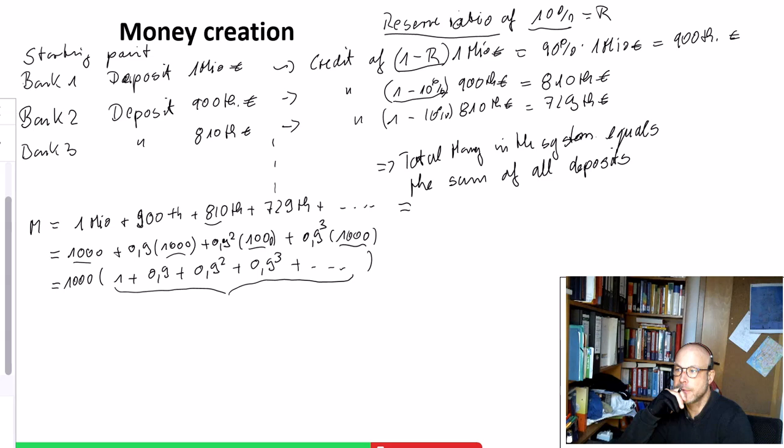I think you definitely have seen it in school and in your mathematics course, and I think also in an investment course or something else. This is called a geometric series.